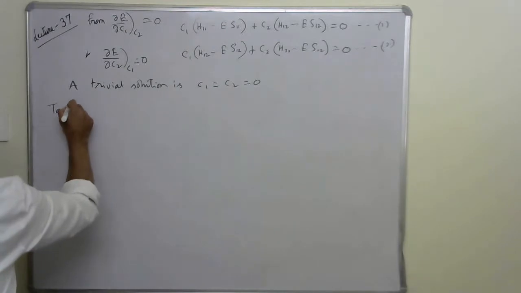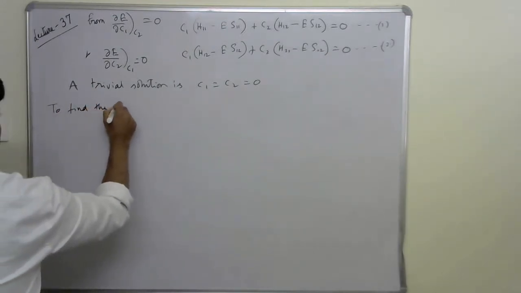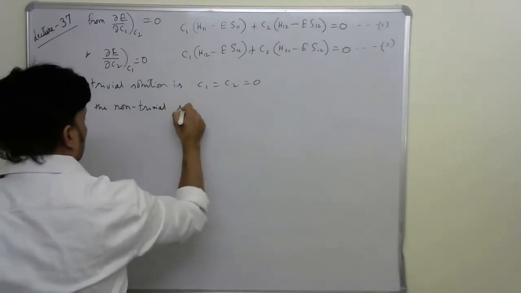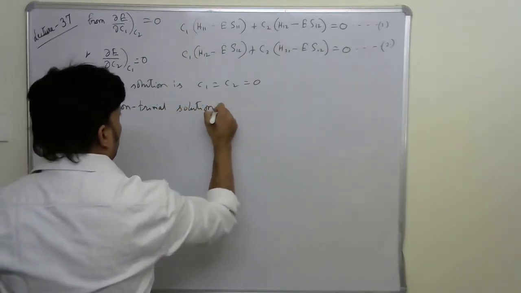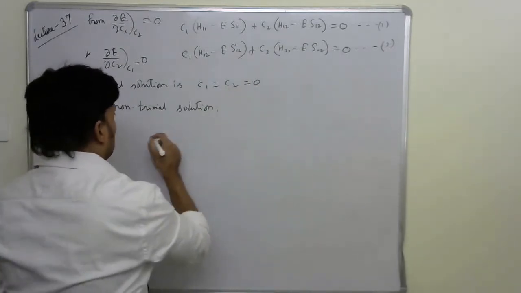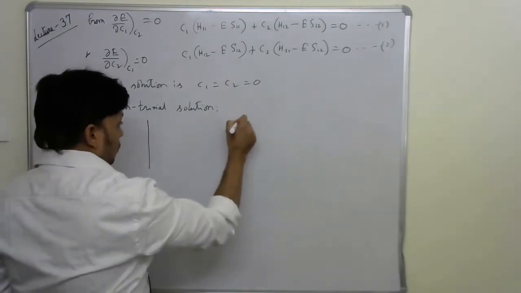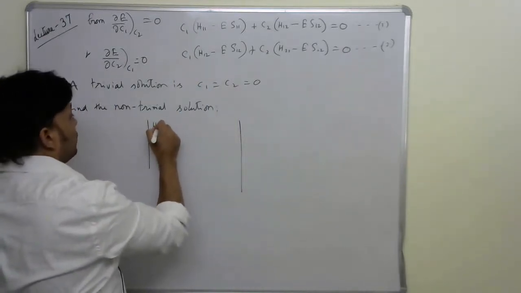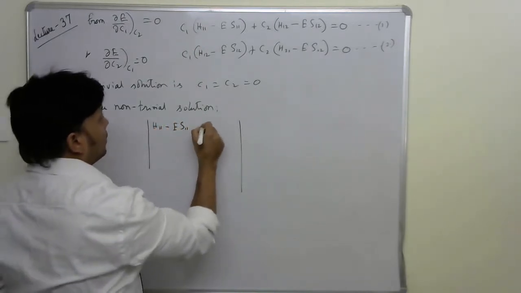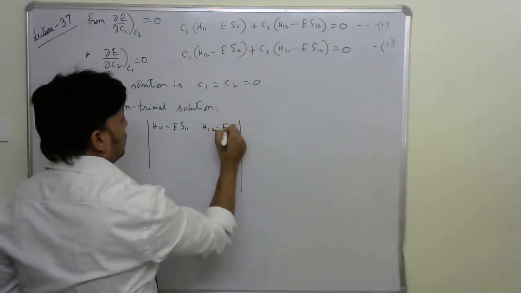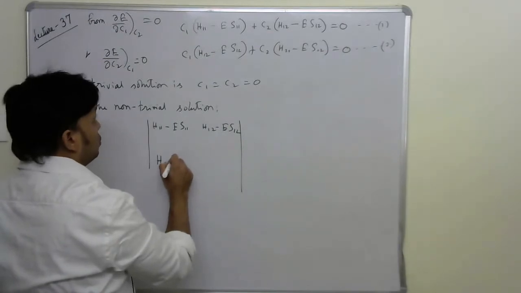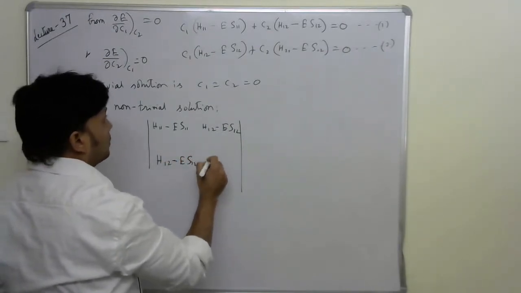So to find the non-trivial solution, according to the knowledge from algebra, what we can say is that the determinant obtained from these two simultaneous equations, so I'm writing the determinant over here, this is a 2 cross 2 determinant.